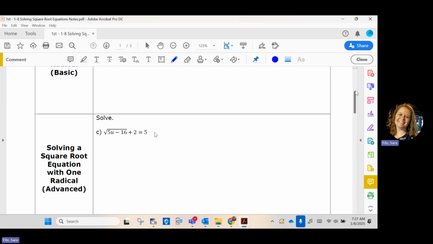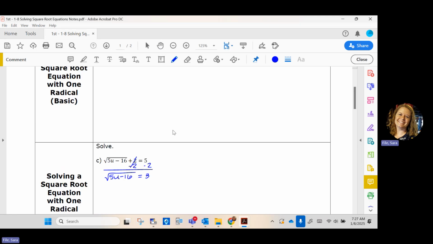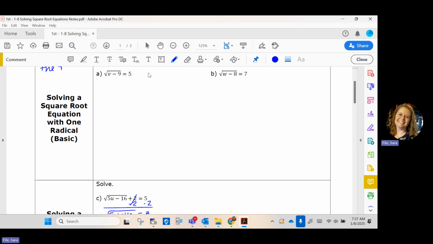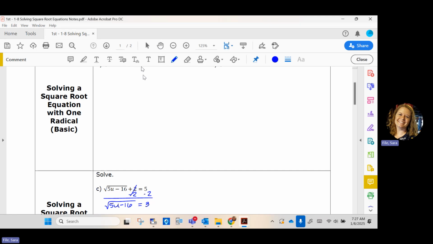I'll go ahead and just show that here and we'll come back to it later. Now this looks like the setup of examples A and B up here, where you've got this radical isolated. You've got a radical expression on one side and then something on the other.